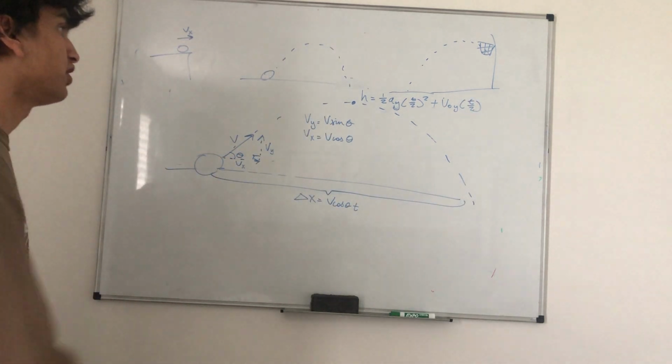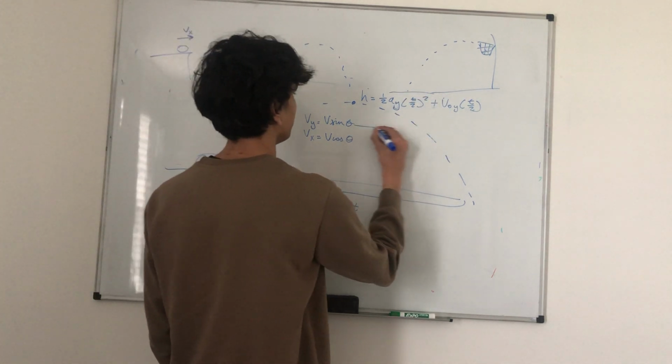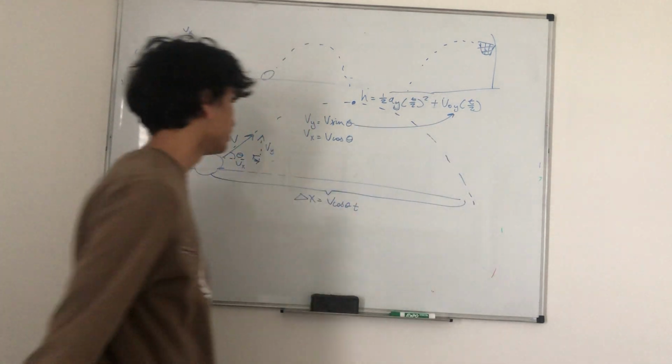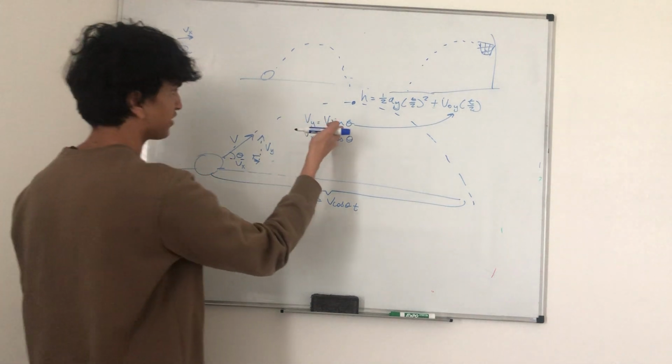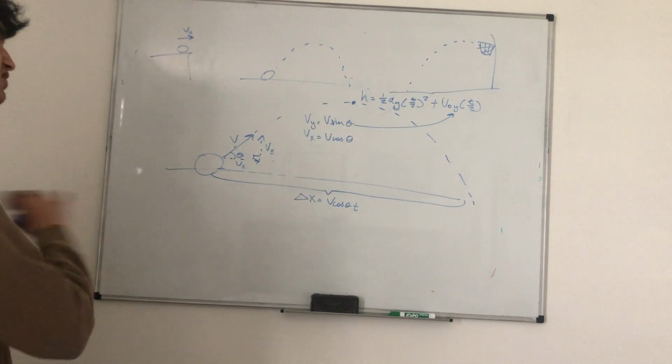And then obviously that V0y, I didn't write it here, but then you would substitute that in. So very similar to horizontal, except you just got to factor in the Vy. It's not going to be 0.